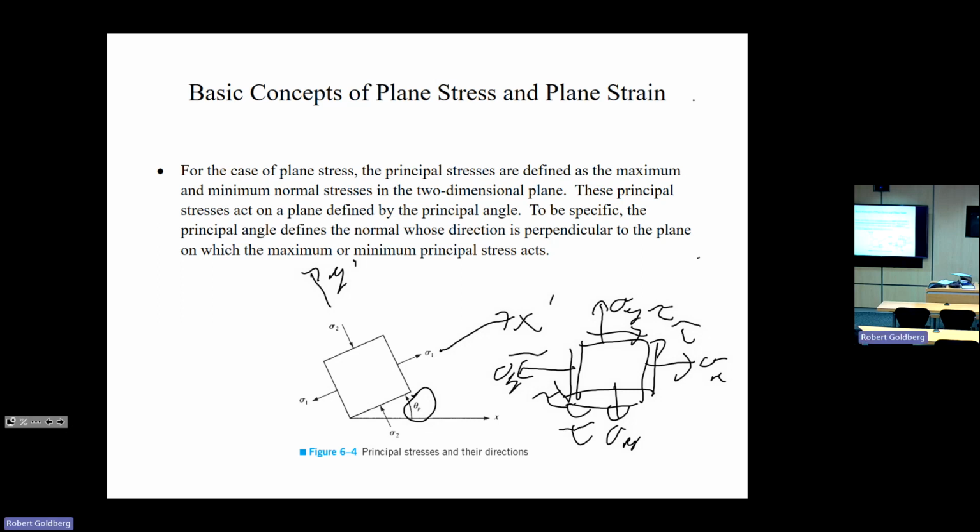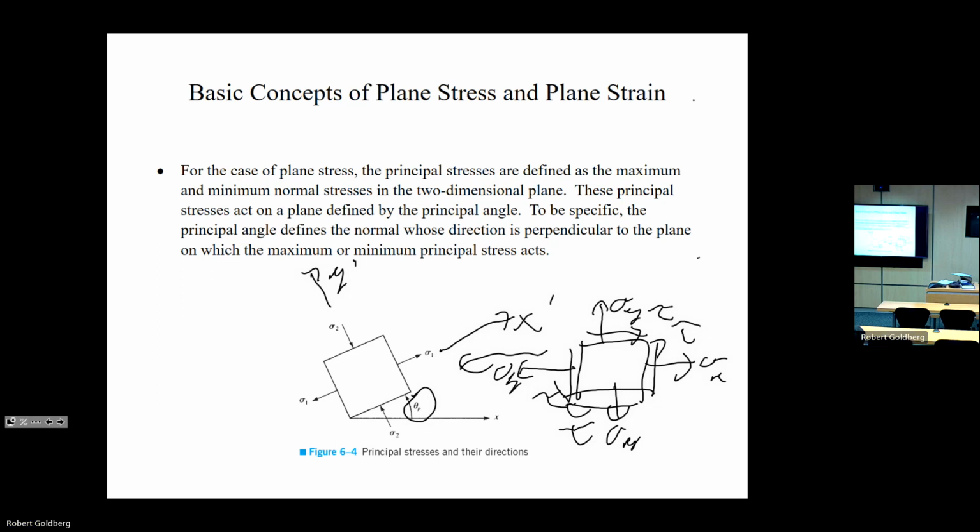This state of stress and this state of stress are the same. All we're changing is the coordinate system that we're looking at it from. It's the same way if you were in outer space and you flipped yourself upside down: the North Pole would still be the North Pole, the South Pole would still be the South Pole. But since you flipped yourself upside down, from your perspective the South Pole would now be at the top and the North Pole at the bottom, but the North Pole is still the North Pole.